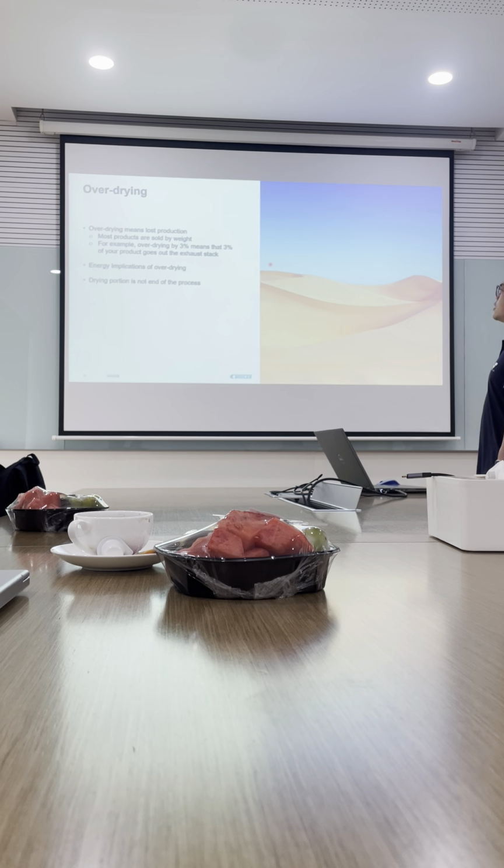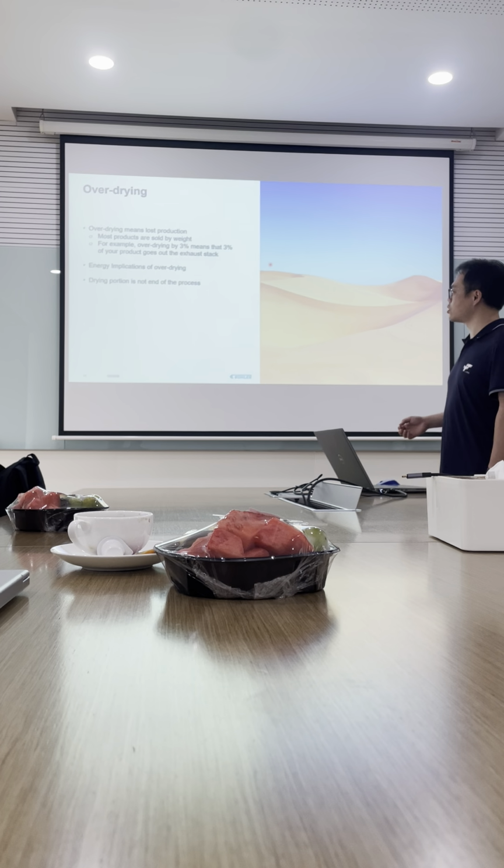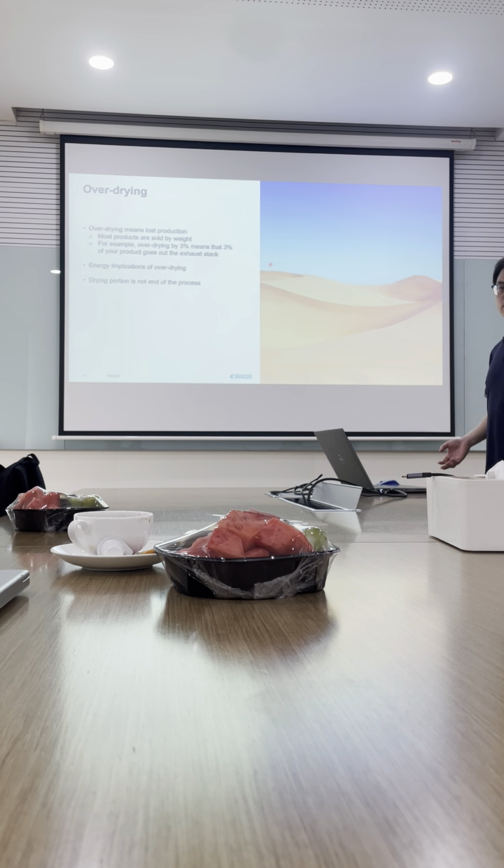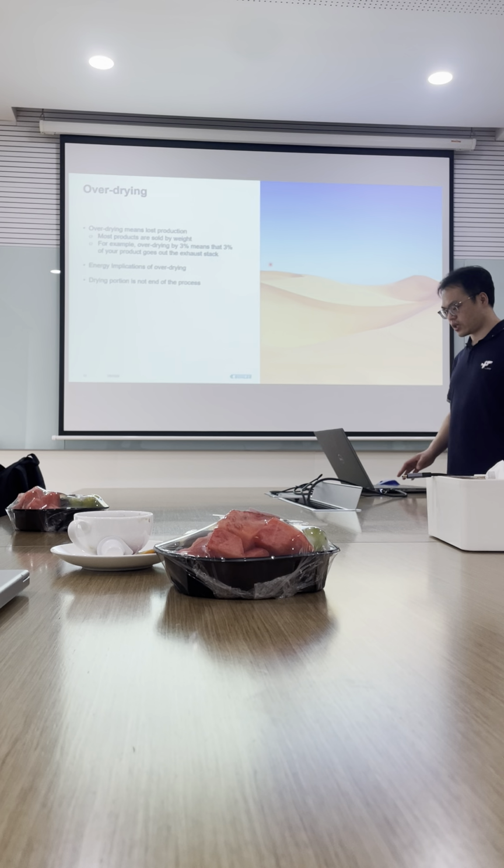On the other hand, we cannot do overdrying, because overdrying means lost production and lost product weight, because most products are sold by weight. If overdrying by 30%, it means 30% of the product goes out. Overdrying also means energy wasting.